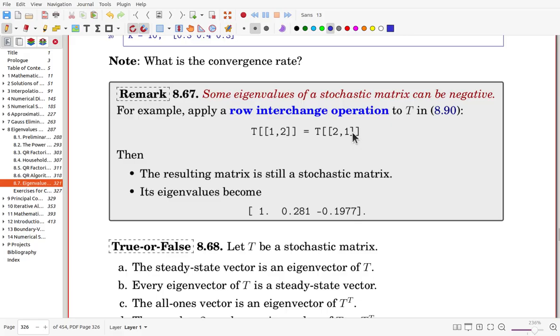Every entry is non-negative and the sum is still 1, so that is a stochastic matrix. However, the eigenvalues are changed. Okay.